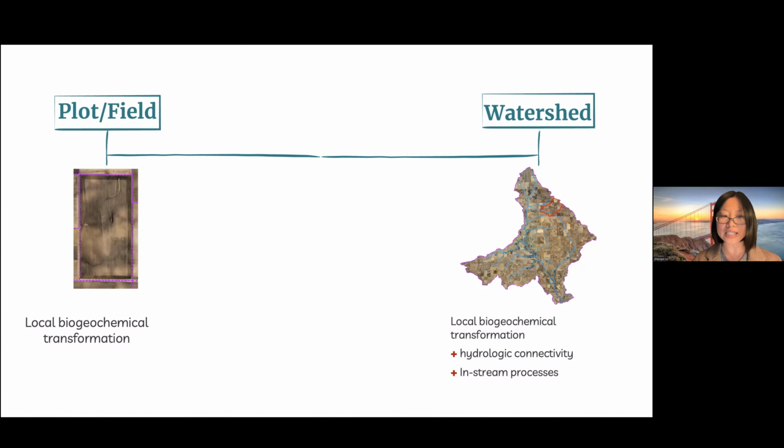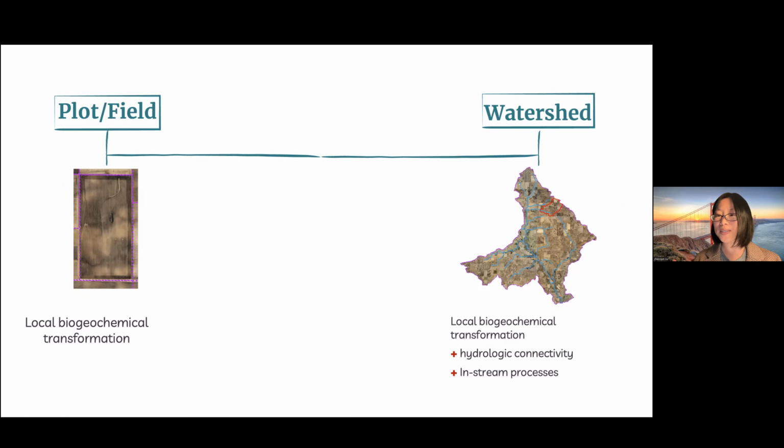So we pay more attention to those local biogeochemical processes. On the other hand, if you have watershed-level data, you may see a lot of gauge station monitoring data for water quality. The nitrogen loading data we get at the river gauge station is a mixed effect of local biogeochemical processes, hydrological connectivity, and in-stream processes.